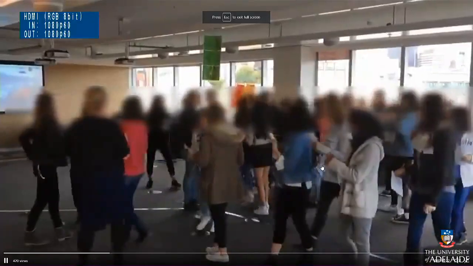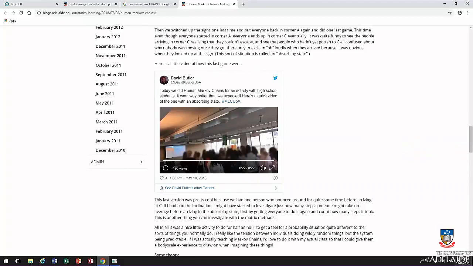That's me doing human Markov chains the first time, with people's faces fuzzed out because they're high school students. Is there sound? There you go. And that's a fun activity. I've always wanted to do it on the maths lawns with like a drone from above. It'd be really cool. In my dream, I have a video series in the future called The Maths Lawns, where I do maths things on the maths lawns.